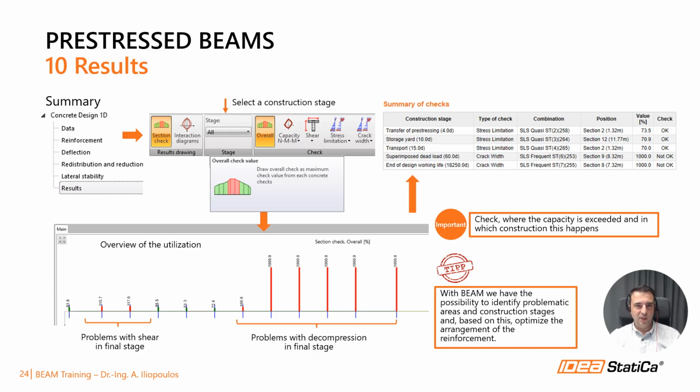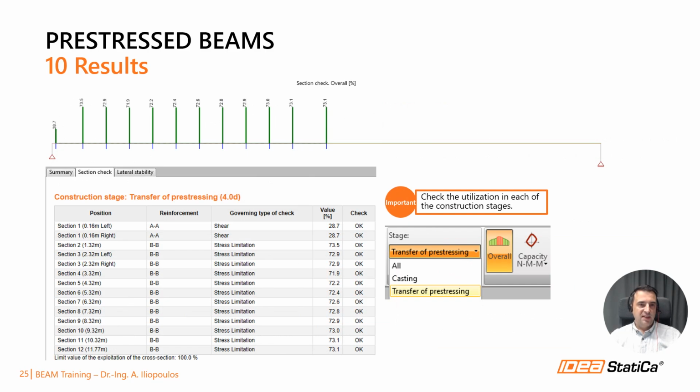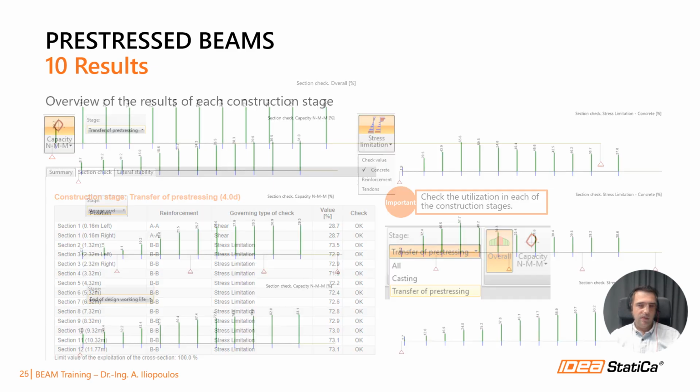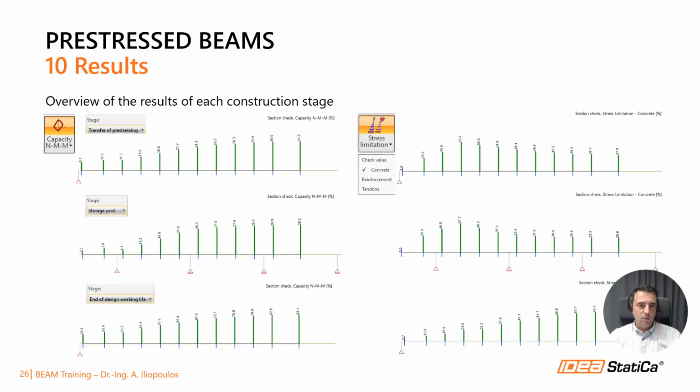check what went wrong. This slide shows the summary of the utilization factors, which allows us to see where the decisive check is. As already mentioned, we can obtain and view the results for each individual construction stage, both graphically and in tabular form. Here are some more results.